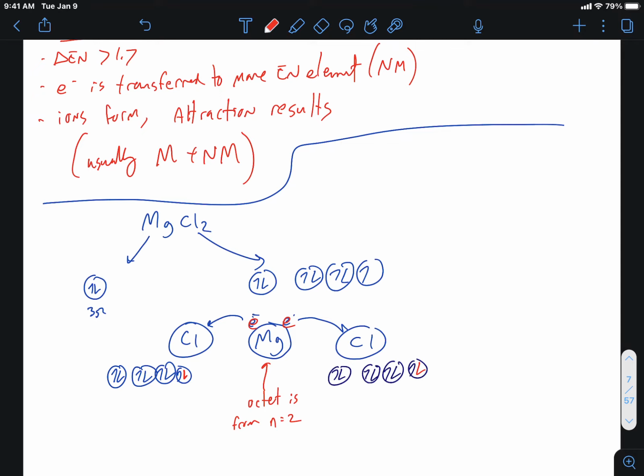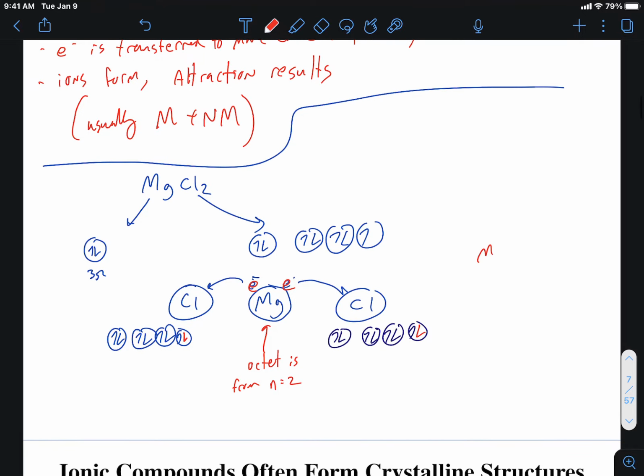So everybody has a full octet. And so the ions would look like this. That's a bad looking seal. Let me rewrite that.